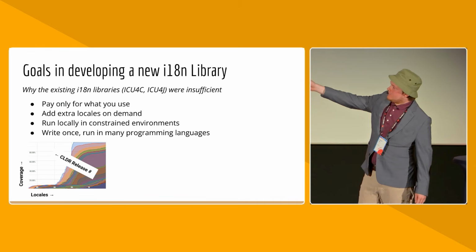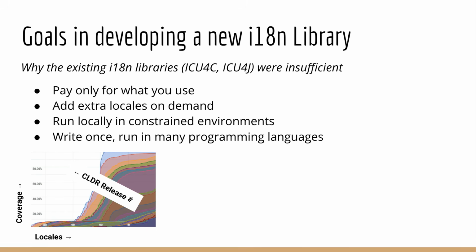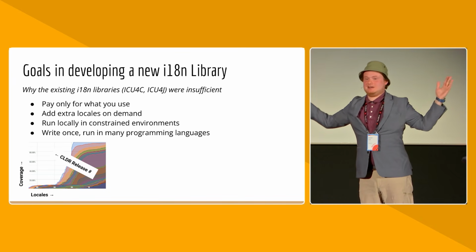On the bottom left here, I've got a little graph that shows the Common Locale Data Repository data size. There's hundreds and hundreds of locales supported, and each of those locales has many features in it. When you take the number of features, from the previous slide, you saw the list of features, you multiply that by the number of locales, you get a quadratic explosion of data.